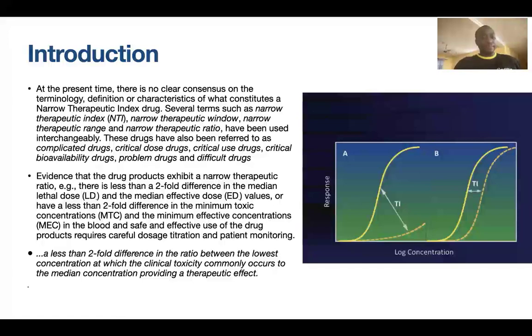For a drug to be classified as a narrow therapeutic index drug, it has to show evidence that it exhibits a narrow therapeutic ratio, meaning there's less than twofold difference in the median lethal dose and the median effective dose, that's LD50 and ED50 value, or a less than twofold difference in the minimum toxic concentration and the minimum effective concentration in the blood.